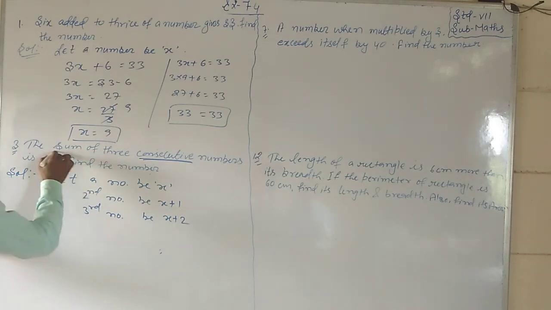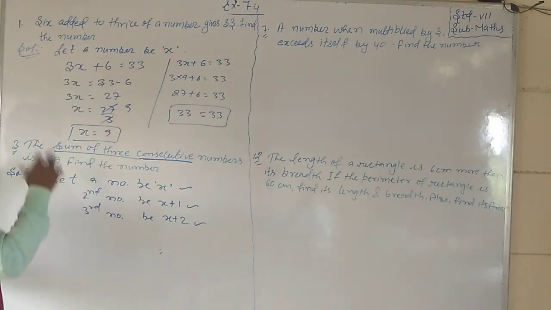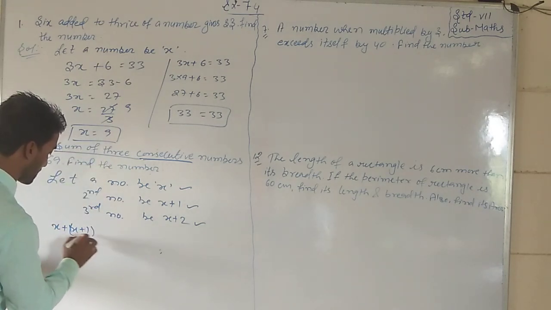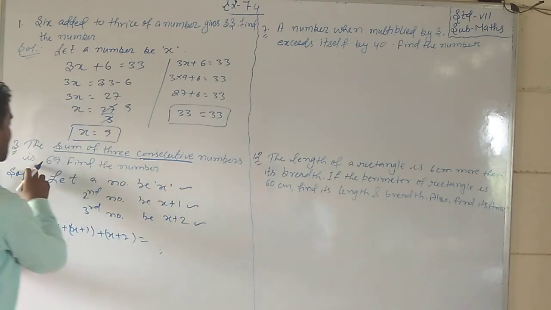Now what do we have to do? The sum of 3: first number, second number, third number. What we have to calculate is the sum, so x plus x plus 1 plus x plus 2.